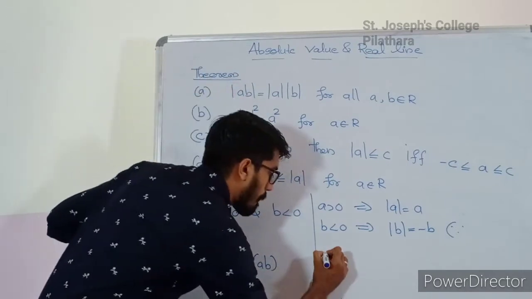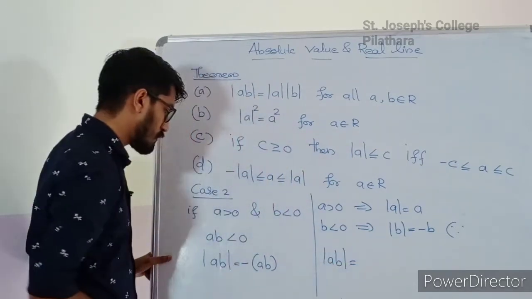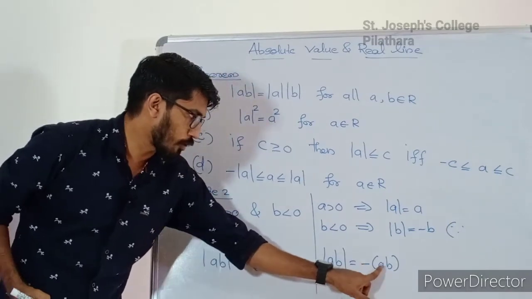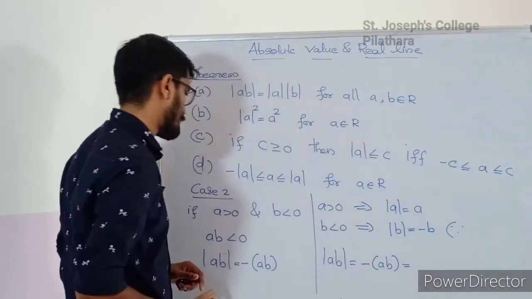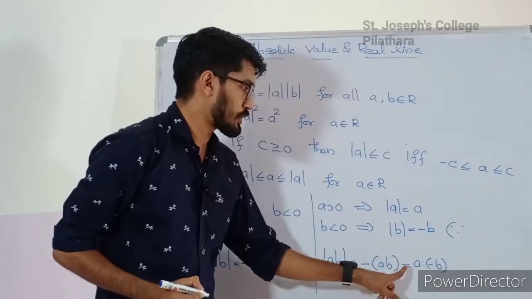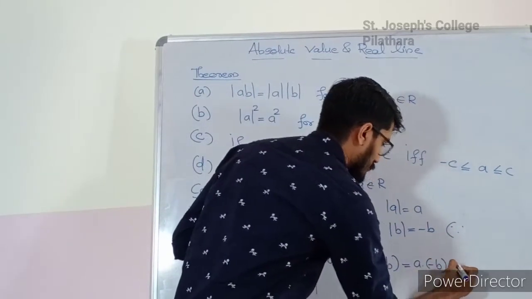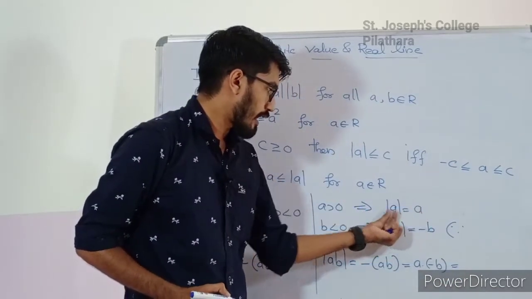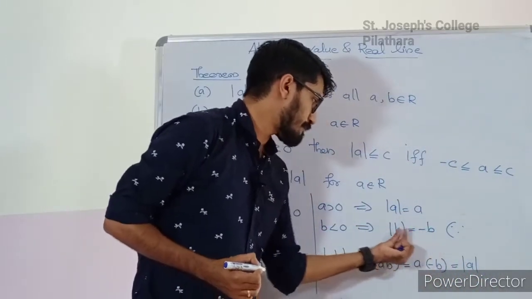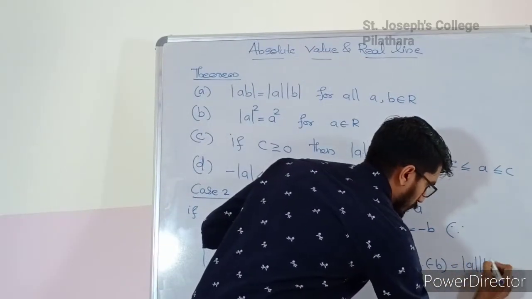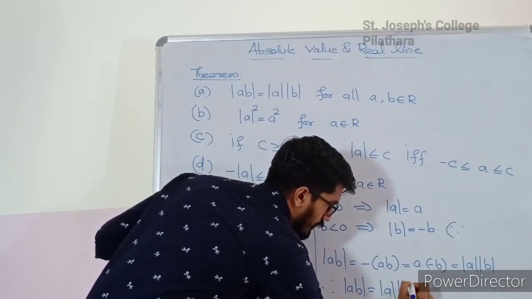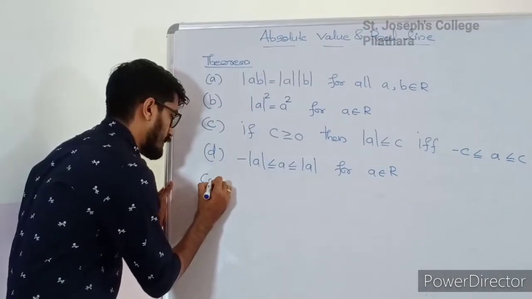Therefore, mod AB is equal to negative of AB, which is equal to A into negative B. We can write negative of AB equal to A into negative of B, and we can replace A by mod A and minus B by mod B. Therefore, mod AB is equal to mod A into mod B. Okay. Case number 3.